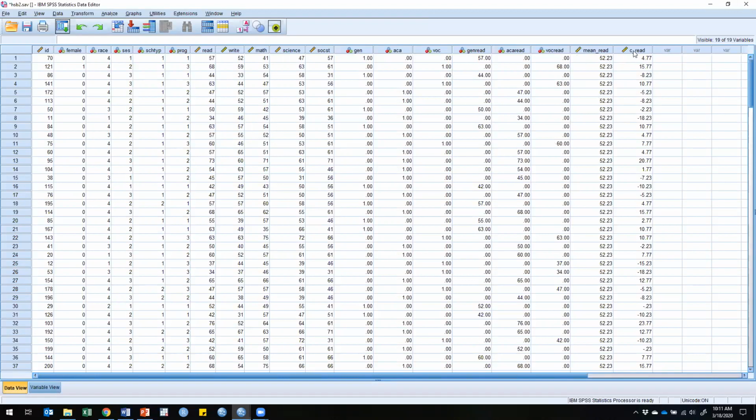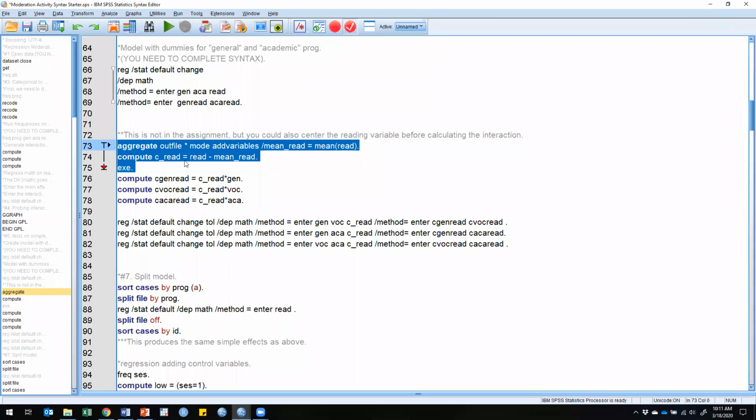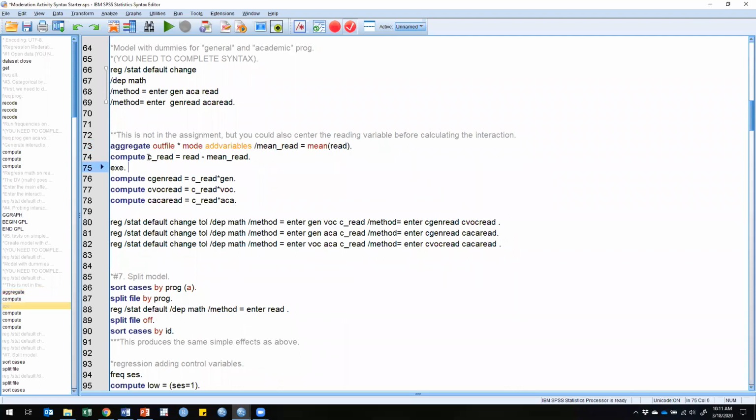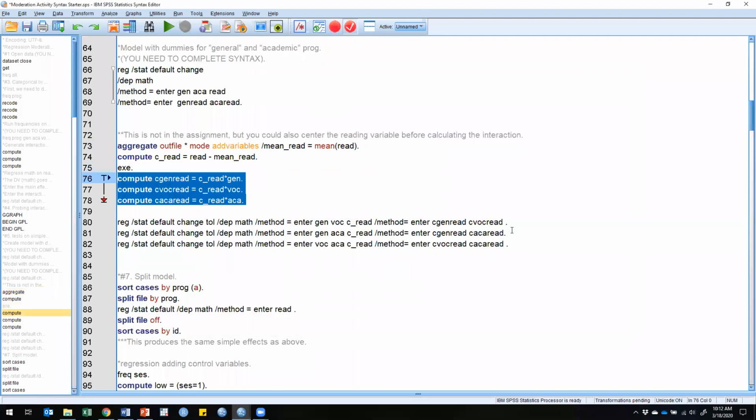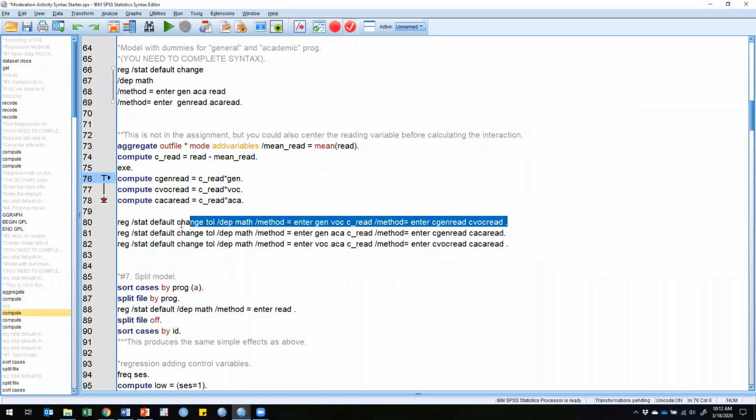And then my C read is the difference between reading score 57 minus 52.23, and there's my centered reading score. I centered the continuous variable, and then we're going to create our interaction terms from the centered variable. We'll just run one of these just to show you.